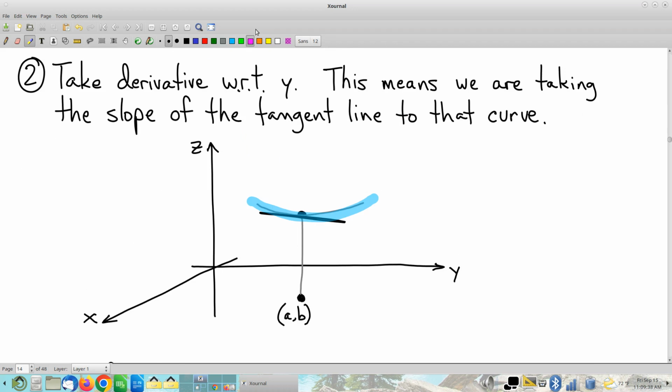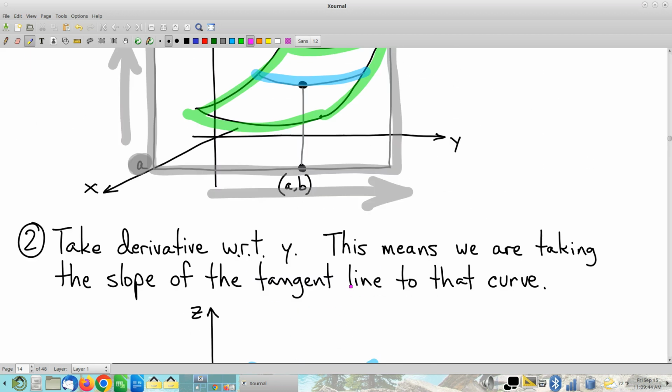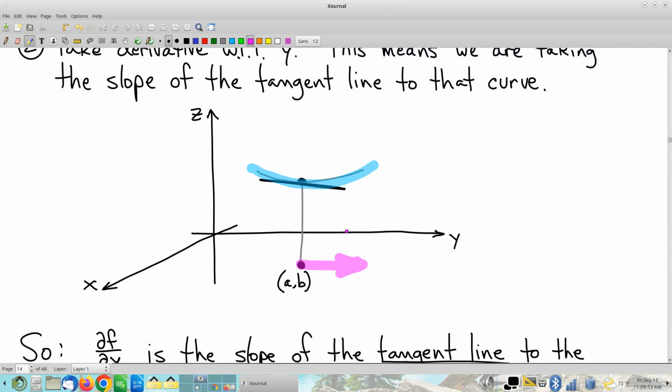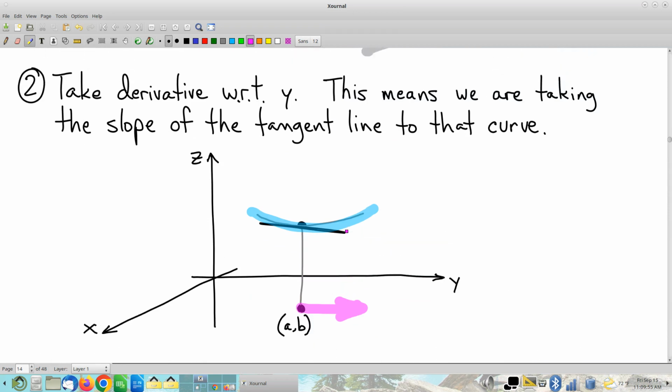Now, what happens when I take a derivative? Keep in mind, I'm taking the derivative with respect to y. That means I'm moving in the y direction, of course, because that's the direction that remains after I've set x equal to a constant. As I move in the y direction, taking a derivative, I get the slope of the tangent line.